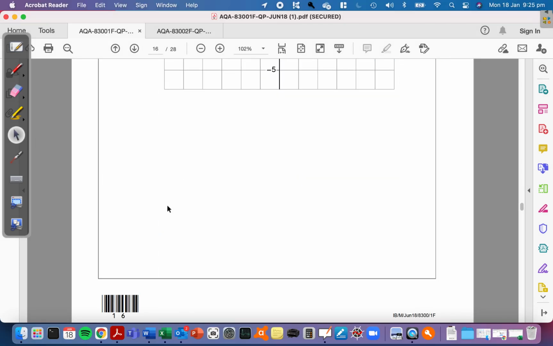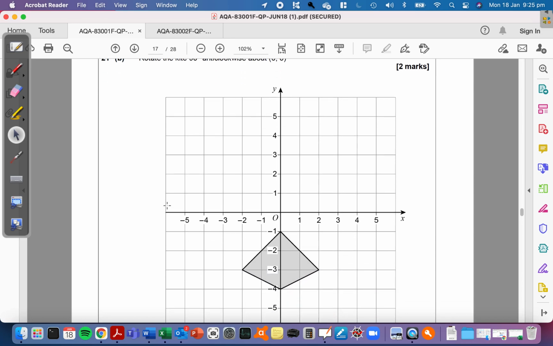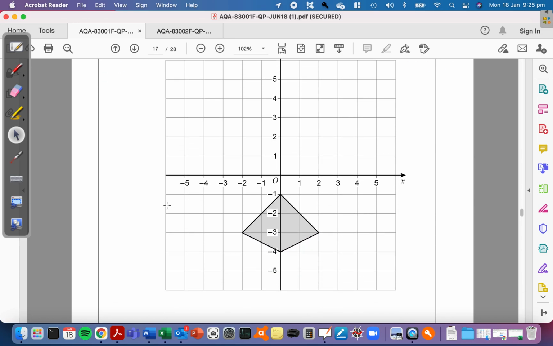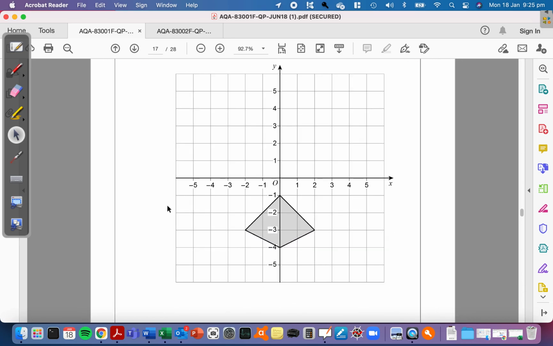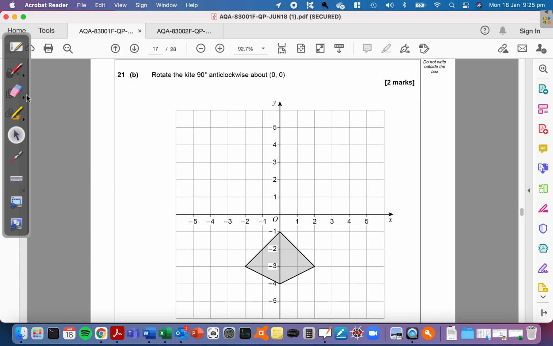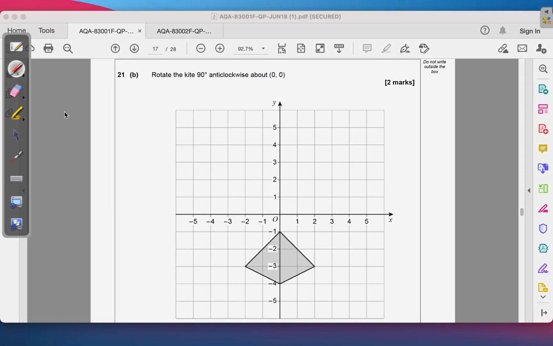Now, this next one, I will explain how to do it, but I probably won't be able to show you on my computer. What you would do is take some tracing paper and draw over the top of this shape like this. You put your tracing paper on there like that. And then you would look at these instructions, which tell us to rotate the kite 90 degrees anti-clockwise.